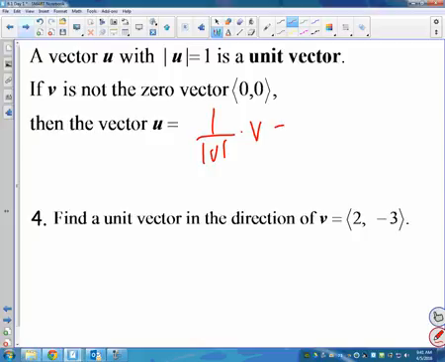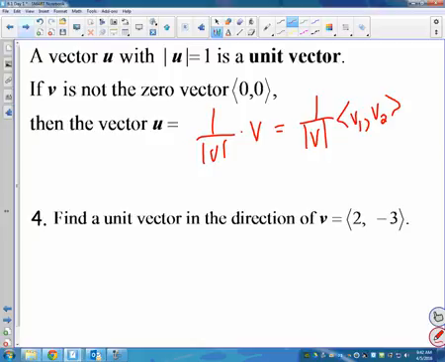Or another way to write that is 1 over the magnitude times the component form <v1, v2>, which means that's just a scalar that you can multiply in. I'm going to show you how this works. I will tell you that a lot of times you get not great answers. They look ugly, they're going to be fractions, because your magnitude isn't so nice.